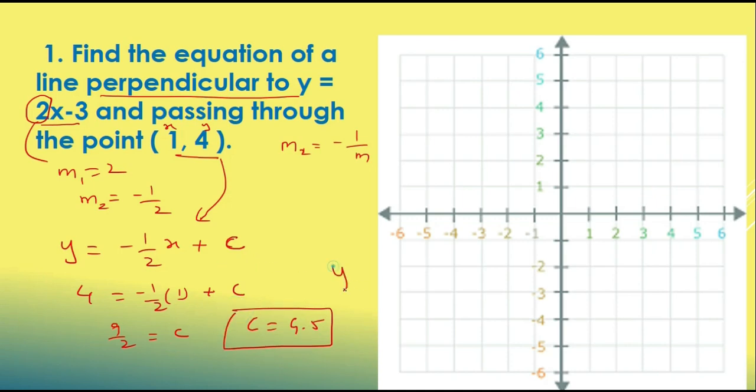Therefore, the expected line is y is equal to minus x over 2 plus 9 over 2. Okay, that is it. This is the expected line which is perpendicular to the given line. That is it. Thank you.